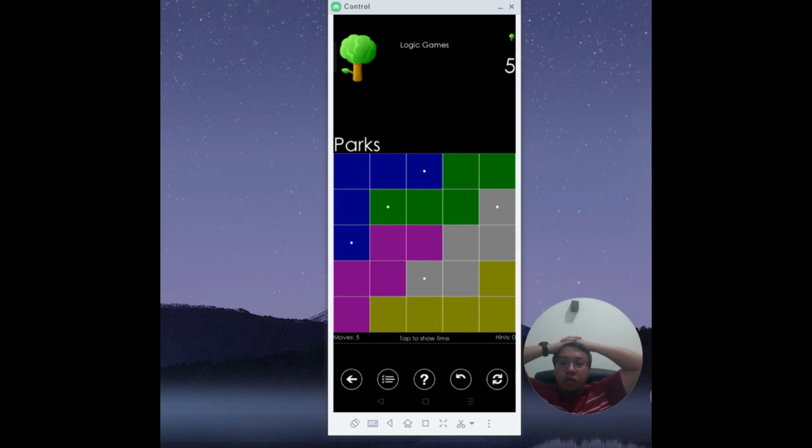Do we have to brute force this? Let's see. What would happen if we put something somewhere? So far, we only found four places that we know there will be no trees on those five tiles.